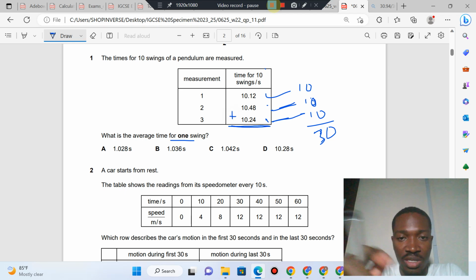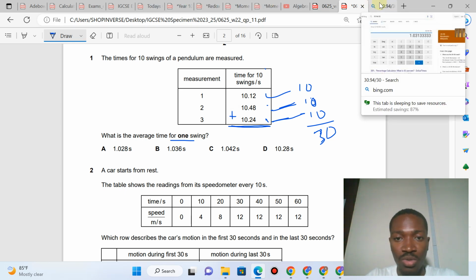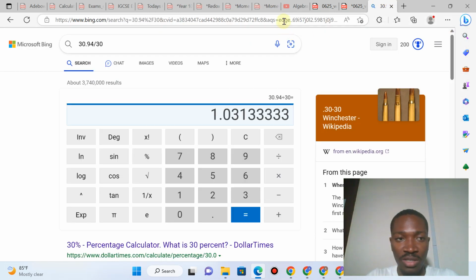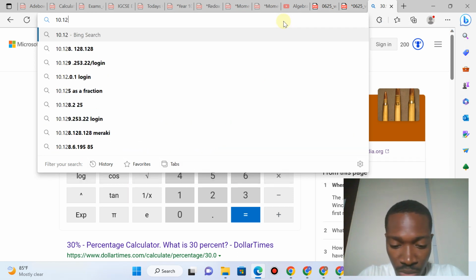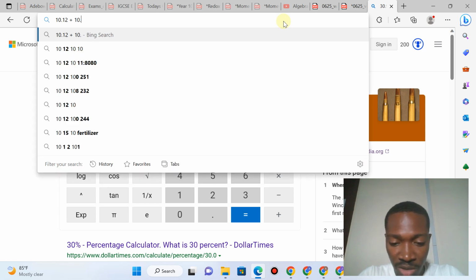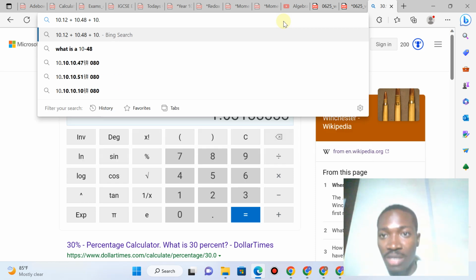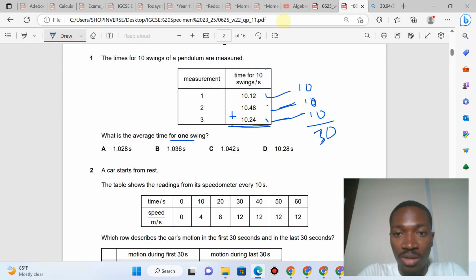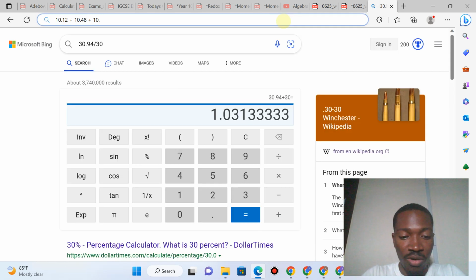Now let's add 10.12 plus 10.48 plus the last value, 10.24.